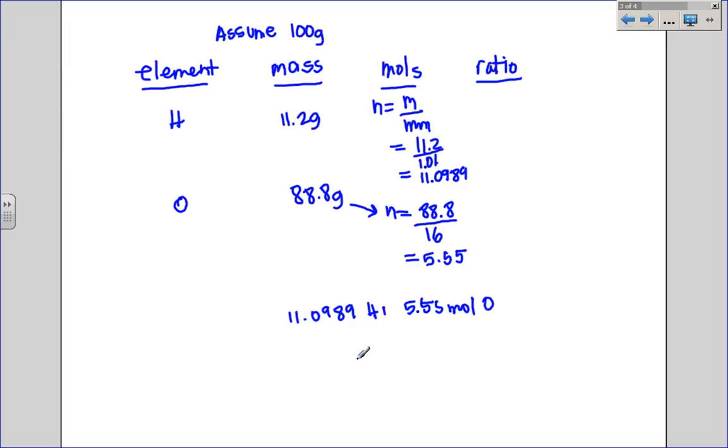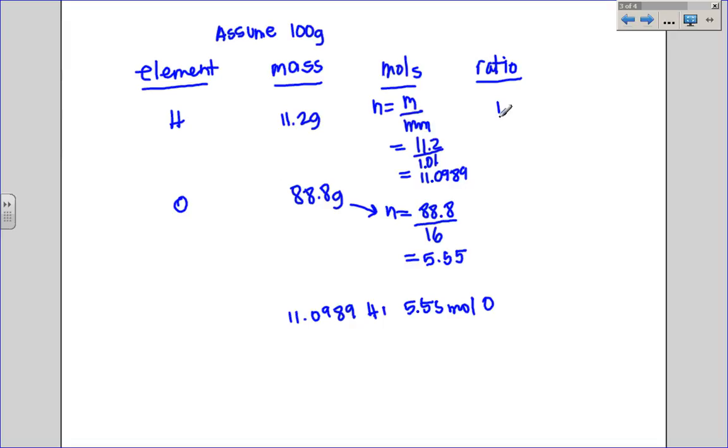And a technique that we use to do that is to put it into a 1 to Z ratio, 1 to something ratio. The way that we do that is by dividing both amounts of moles by the smallest amount of moles.